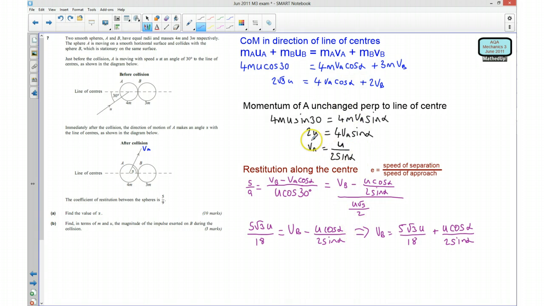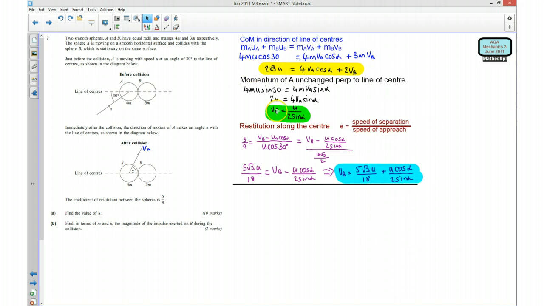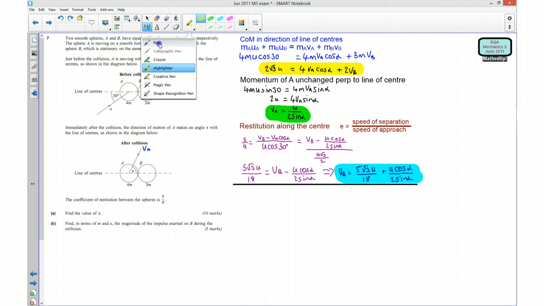Right, so I know what VA is equal to and I know what VB is equal to, so I can sub that into this equation that I've got up here. So I'm just going to create a little bit more room for myself. Right, okay, and what I've also done is I've highlighted the equations that we are going to need now. Right, so I'm going to sub this into here and I'm going to sub this into here.